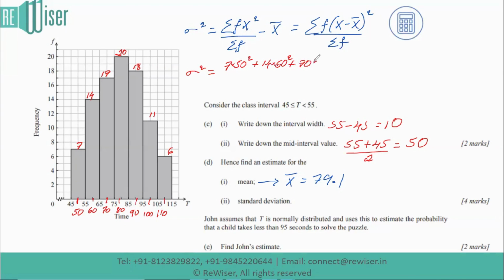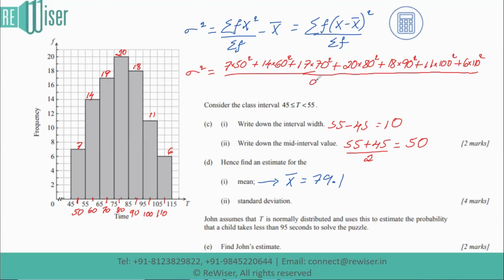Then it's 17 times 70 square plus 20 times 80 square, then 18 times 90 square plus 11 times 100 square, and finally 6 times 110 square, and this entire thing divided by the sum of frequency, which is 93, and this entire thing minus mean square. It's not just the mean, it's the mean square, and the mean square is going to be 79.1 square.